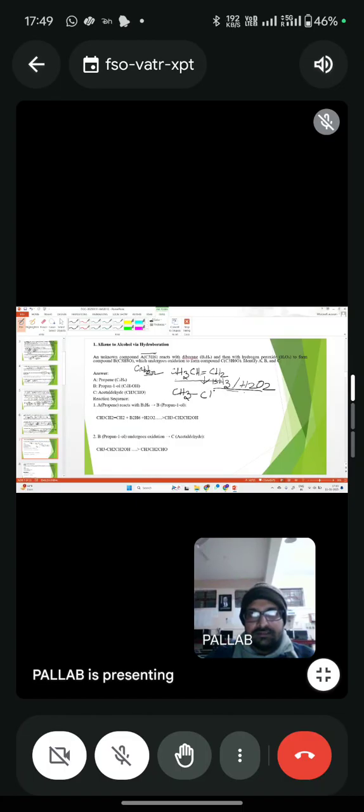CH3CH2CH2OH. This is an anti-Markovnikov type reaction because the OH group is connected with carbon 1.